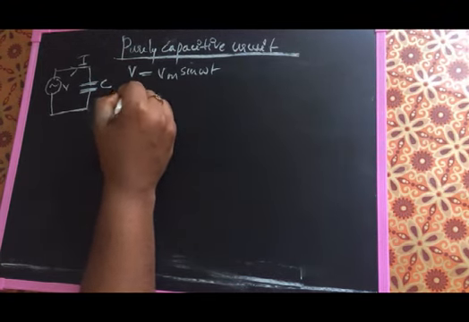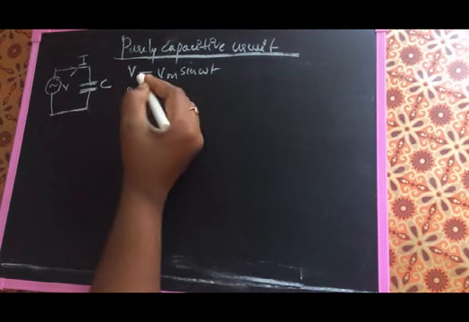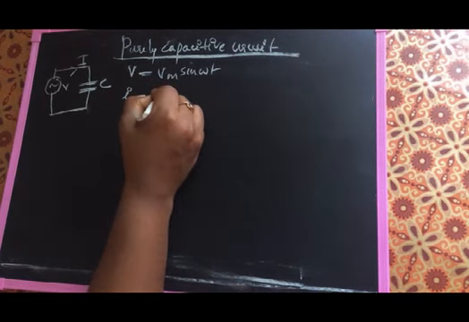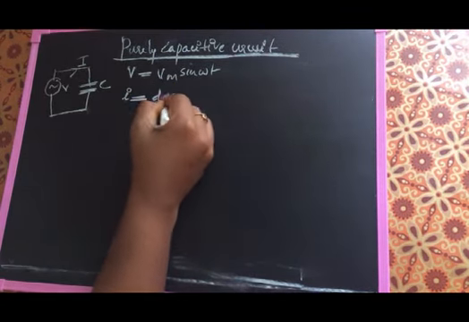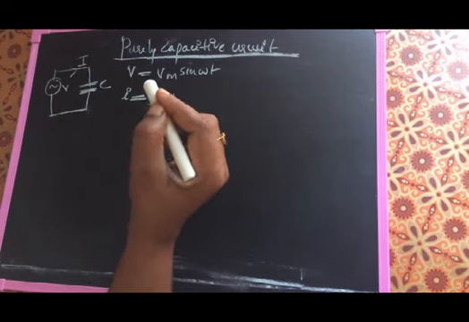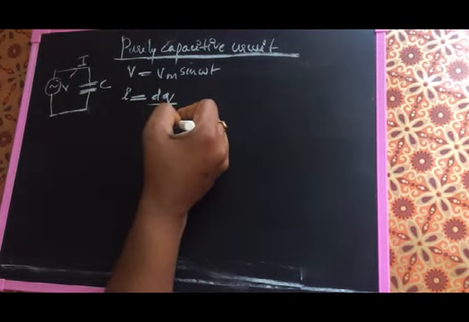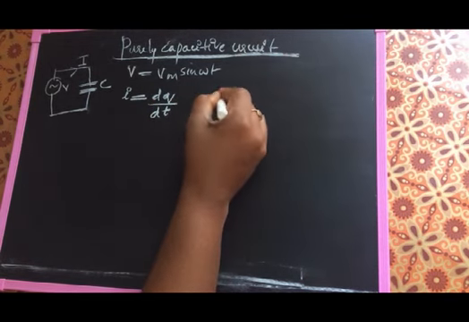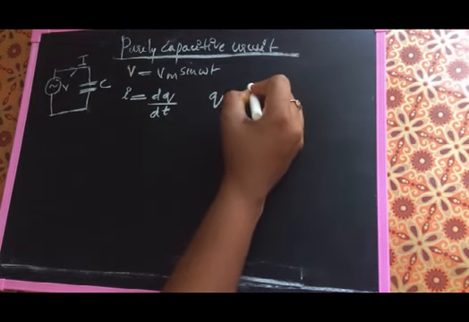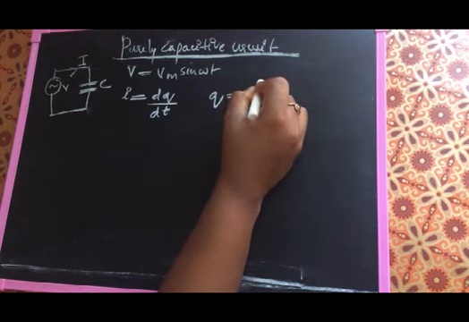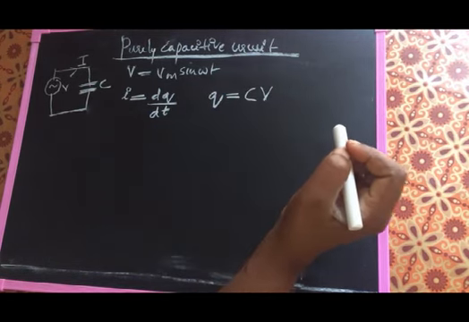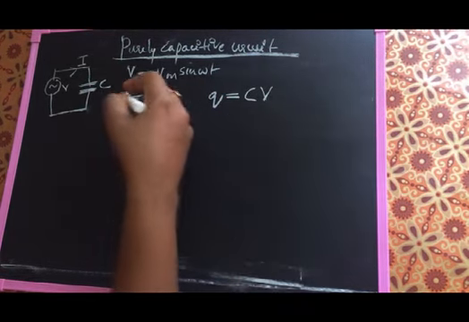So what is the equation of current in a capacitor? We have already learned I is equal to dq by dt. What is q? Q is the charge stored in the capacitor. I is equal to dq by dt, and there is one more equation which is already familiar to everyone, that is q is equal to c into v.